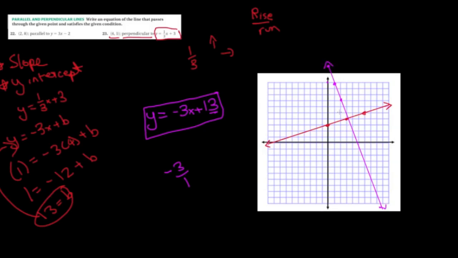Yep, that's it, and it looks pretty perpendicular to me. That looks good. It does look perpendicular, and let's just make sure that this line passes through our coordinate 4, 1. So 1, 2, 3, 4, and 1. It kinda does, but I think it's just because I made this line a little bit sloppy.